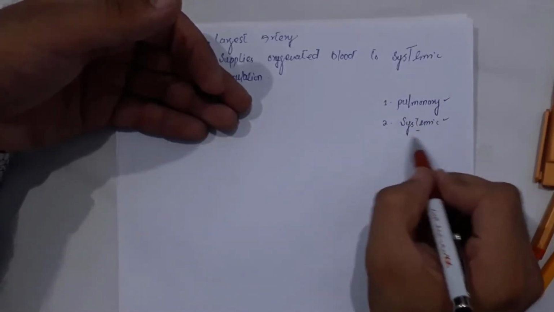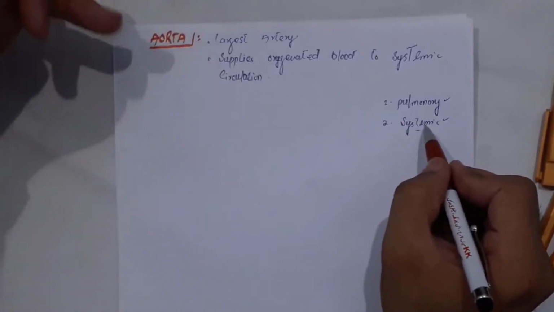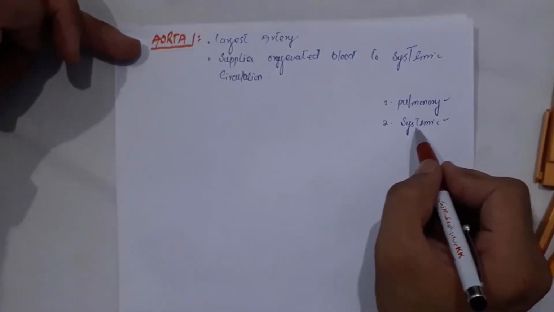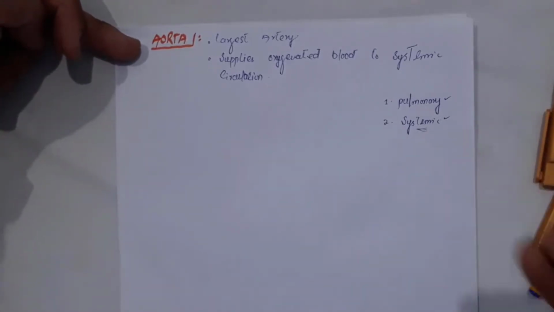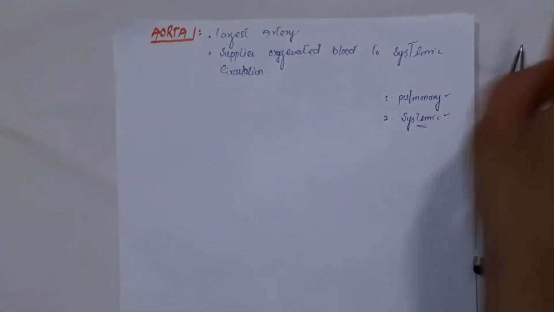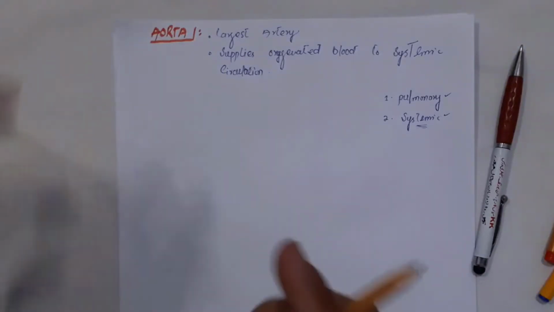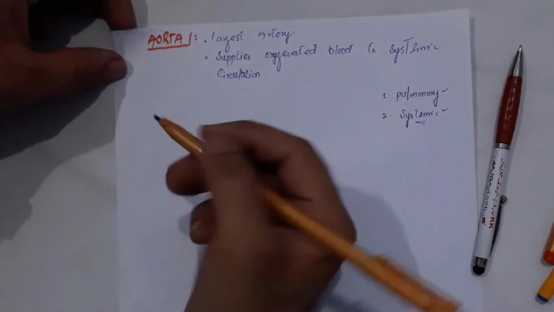The aorta is the blood vessel which supplies oxygenated blood to the systemic circulation. Then we move forward and want to know more about the aorta.